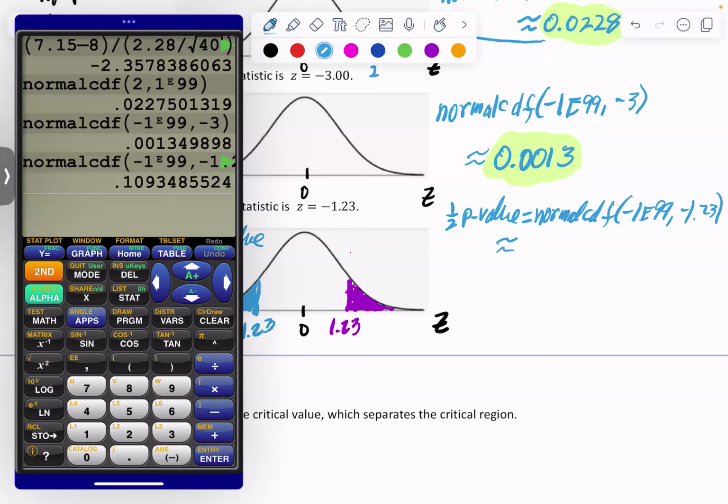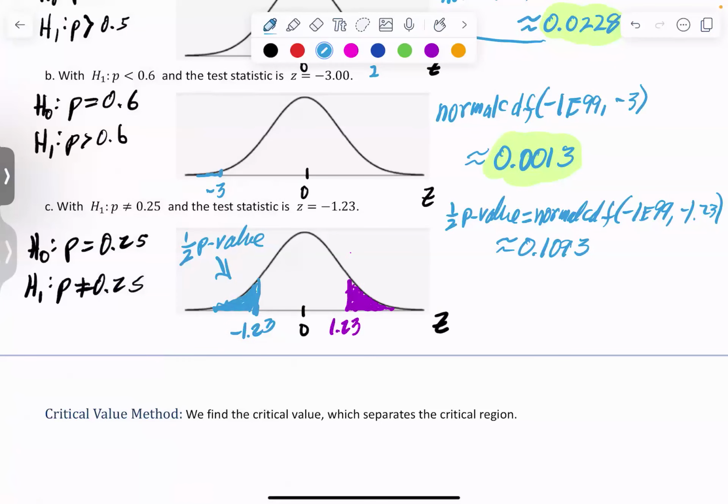This is about 0.1093. So to get the full p-value, I'm going to go 0.1093 times 2.